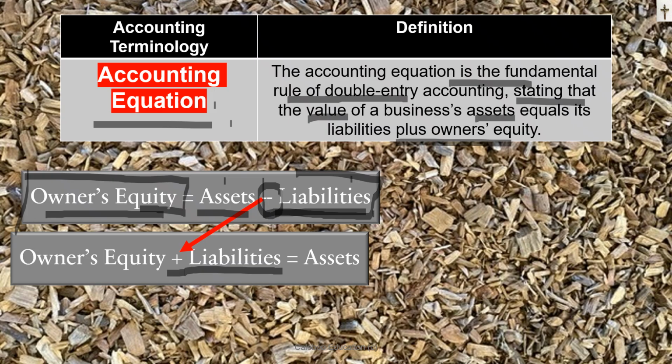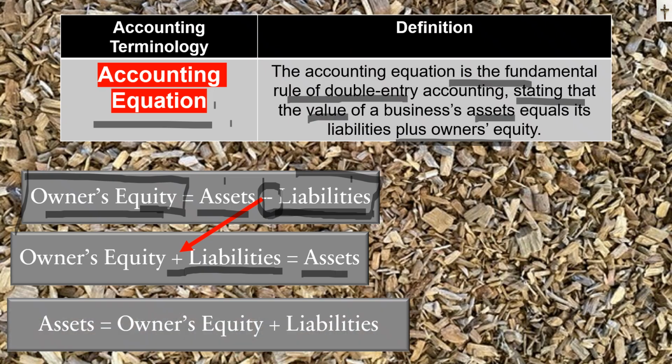So we get owner's equity plus liabilities is equal to assets. Now if I swap the left-hand side and the right side, I'm going to get the accounting equation: assets equals owner's equity plus liabilities.